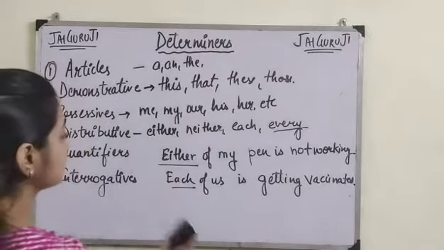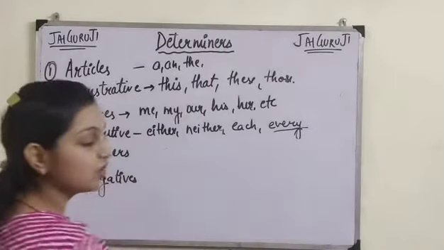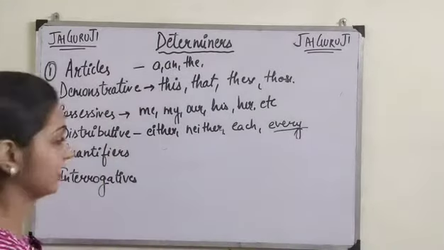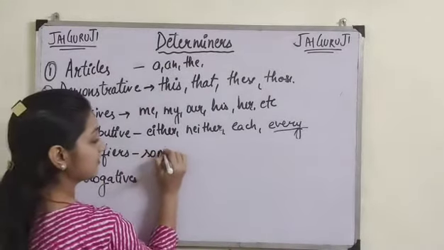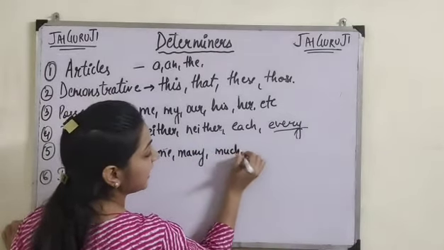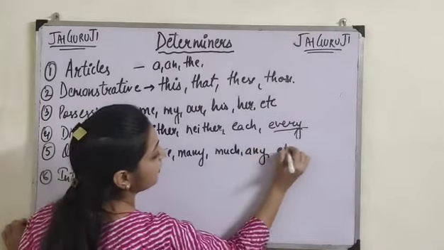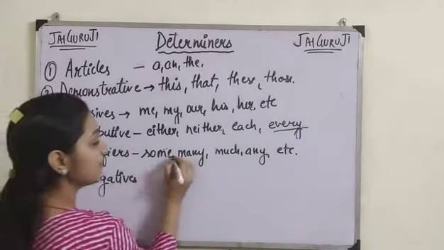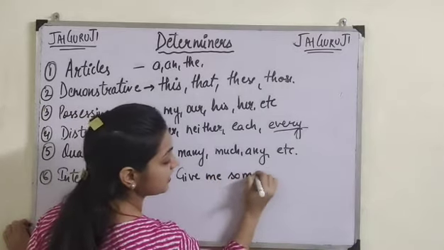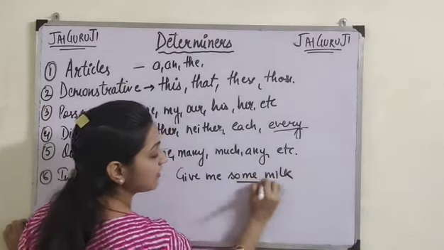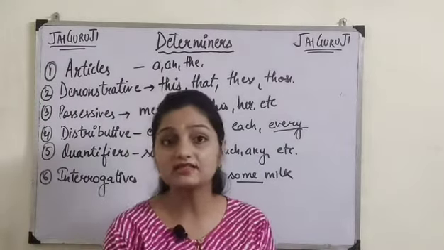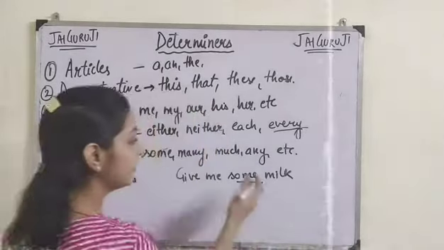Quantifiers means something which is in a quantity. When we are talking about some quantity, like some, many, much, any. It can be etc. Like give me some milk. So here the quantity is some. I do not have any pencil with me. So here any is the determiner.